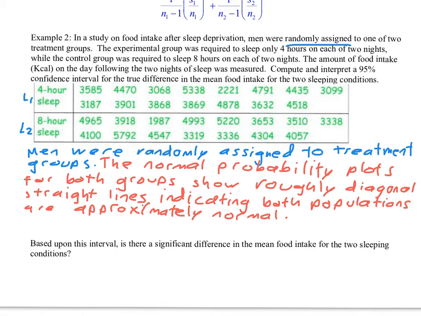Okay, and now there's a third condition, and that is that the two groups are independent of each other. Looks like there's no mention of that, so we're going to have to assume that.